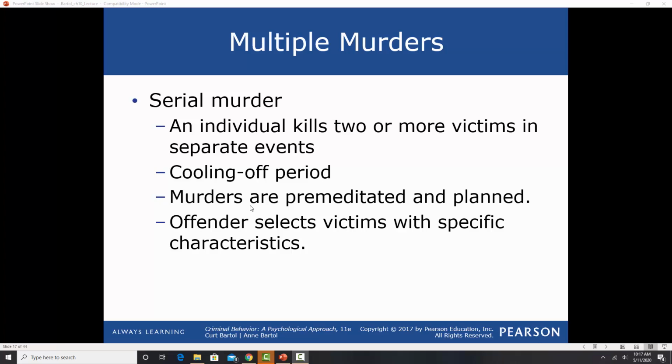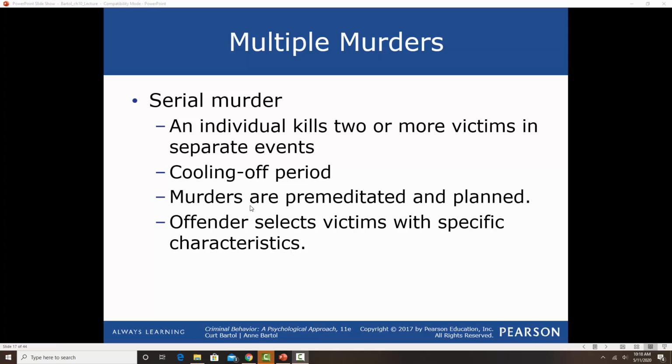Serial killers are typically, and we've already talked about antisocial personality disorder and that psychopathic behavioral pattern, most serial killers do have that psychopathic behavioral pattern. Most of their killings are premeditated and planned, like Ted Bundy. Sometimes they go out and happen upon their victims, but they set out looking for victims.